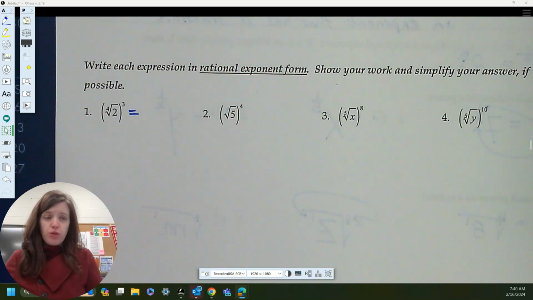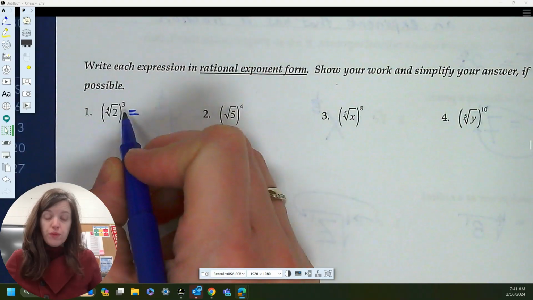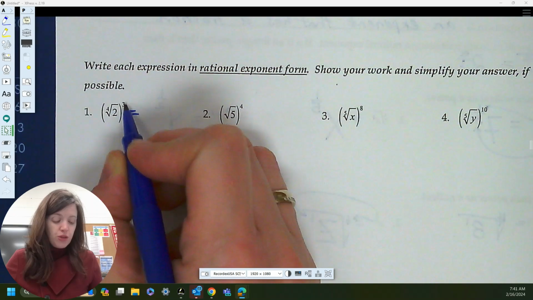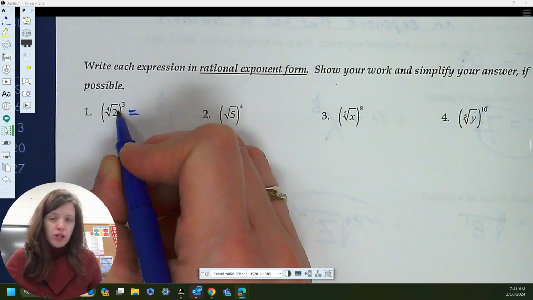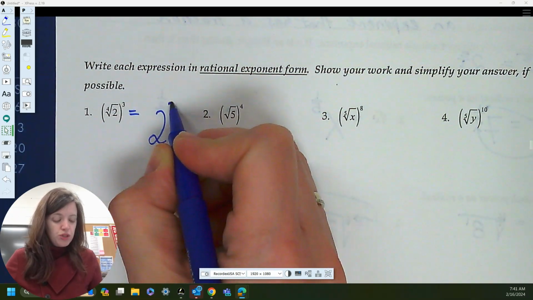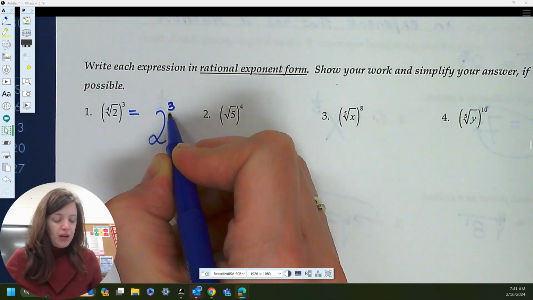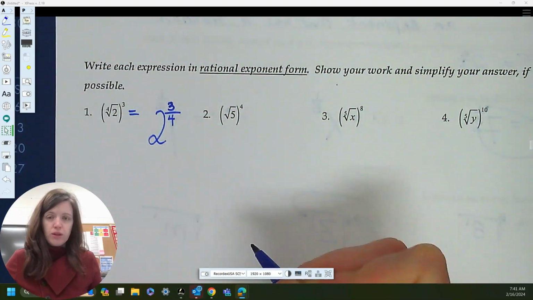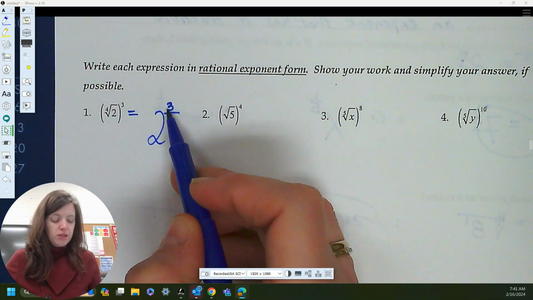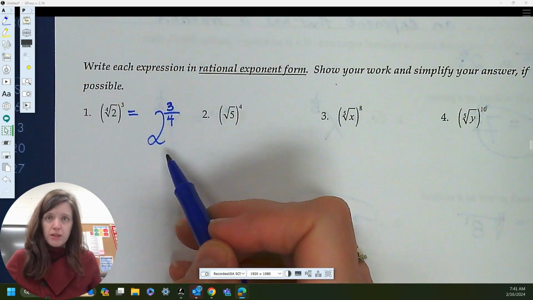Okay, so this fourth root of 2, to the third power, is the same thing as if the 3 were under the radical here. The 3 is the exponent. So the exponent goes on the top, and the index, the 4, goes on the bottom. So the fourth root of 2 to the third power is the same as 2 to the 3/4 power.